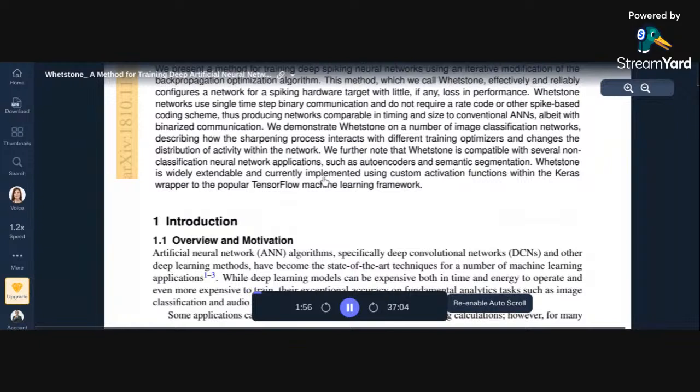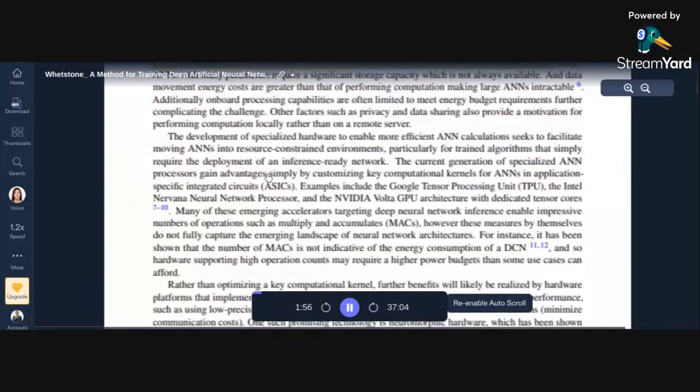Large ANNs with many parameters require a significant storage capacity, which is not always available. And data movement energy costs are greater than that of performing computation, making large ANNs intractable.